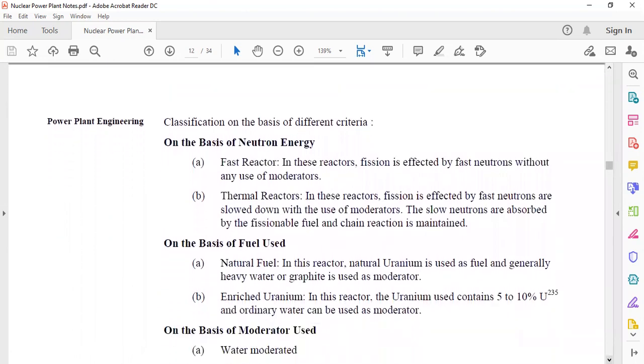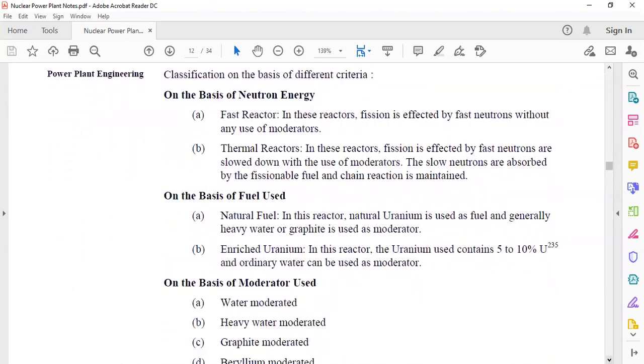About the classification of the reactors, many criteria have been referred to classify the different nuclear reactors. First, the classification is based on the neutron energy. In this, we have the fast reactor and the thermal reactor. In case of a fast reactor, fission is effected by fast neutrons without the use of moderators.